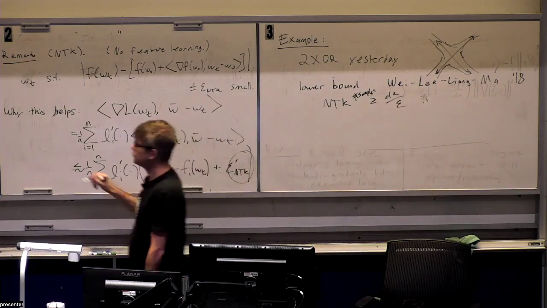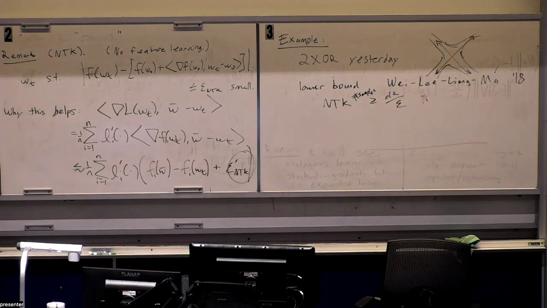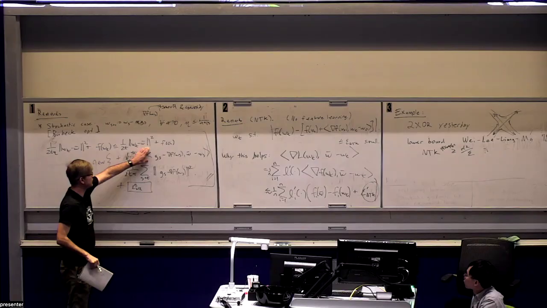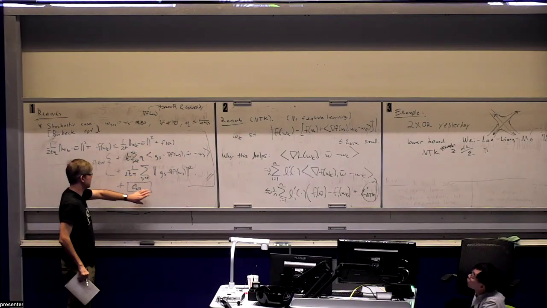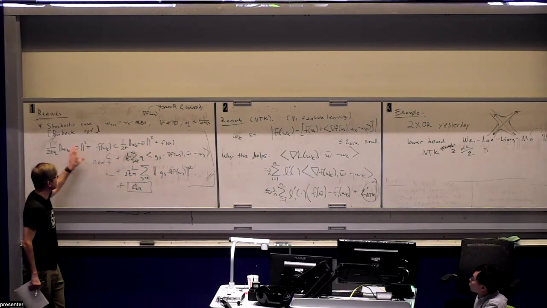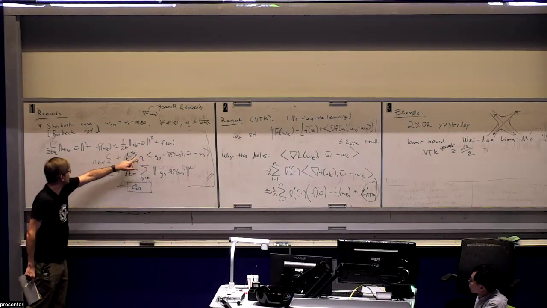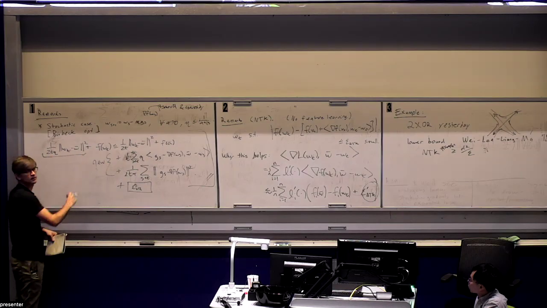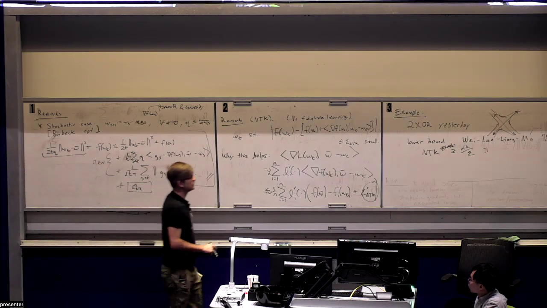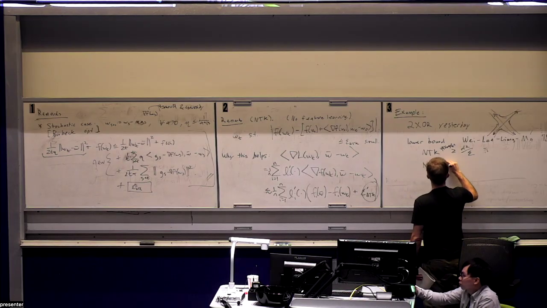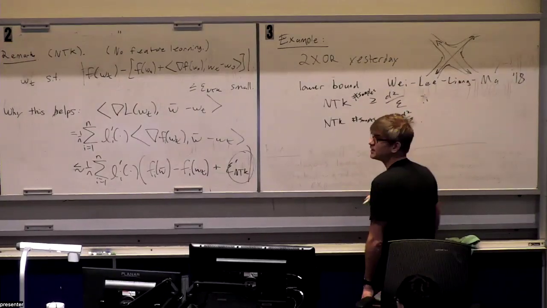So there's this lower bound. And if you grind through this proof, where you have your statistical error, your variance term, and your NTK error term, and to control your statistical error, like I said, you need this term. You grind through this, and you get that the NTK number of samples is less than or equal to d squared over epsilon.